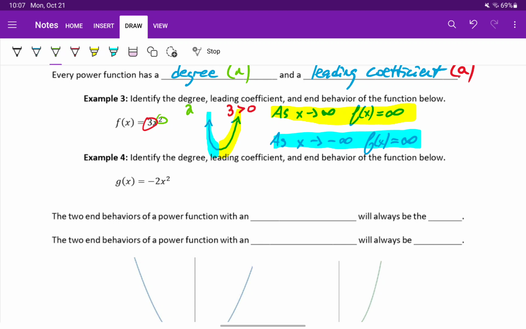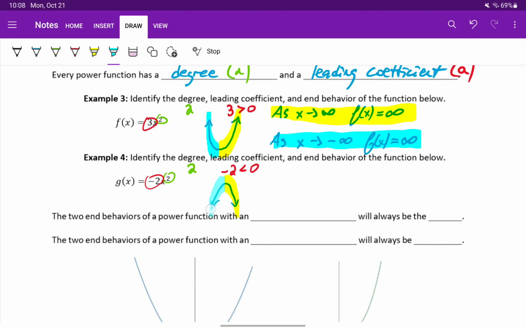In example 4, we have a quadratic function again, since that highest degree is 2. Our leading coefficient is negative 2, which is less than 0, meaning our parabola will be opening down. Starting from that vertex and tracing in the positive x direction, our function is headed to negative infinity.